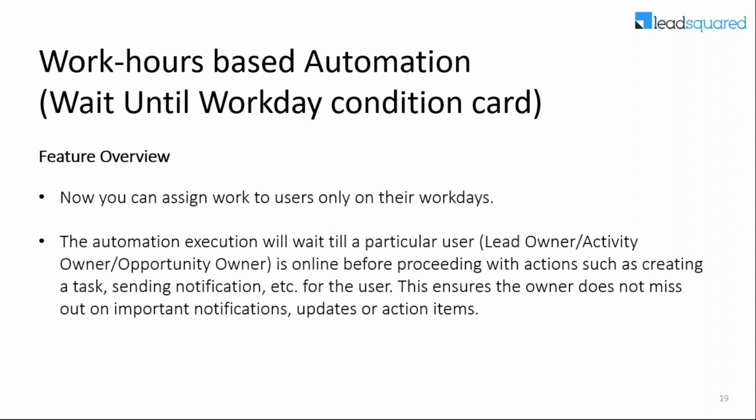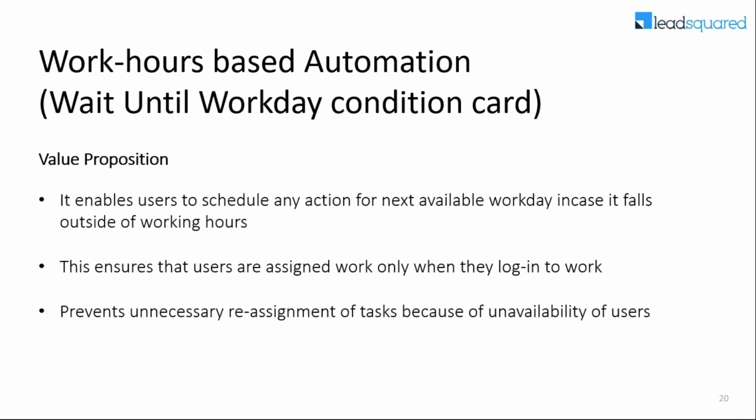The automation execution will wait till a particular user, such as a lead owner, activity owner, or an opportunity owner, is online before proceeding with actions such as creating a task or sending a notification to that user. This ensures that the owner does not miss out on important notifications, updates, or action items. So basically, whenever the user is available online to work, then only the automation would be completed.